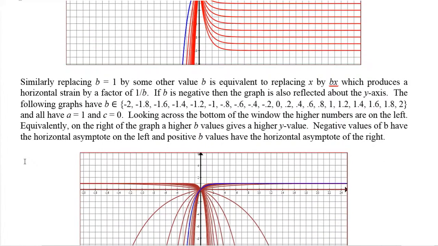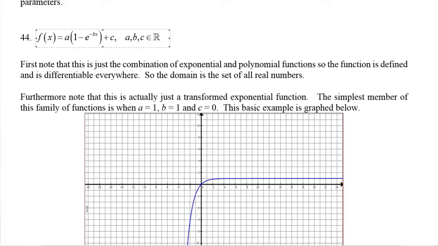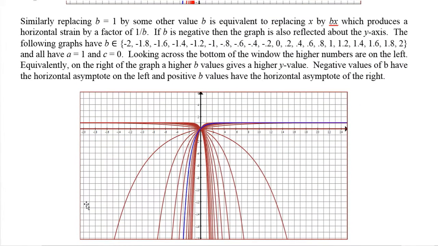In a similar manner, if you look at the formula up here, changing b from, say, 1 to some other number b is replacing x by b times x. If you multiply x by b, what you really do in the table is you leave the y values alone, and you actually divide the x coordinate by b.